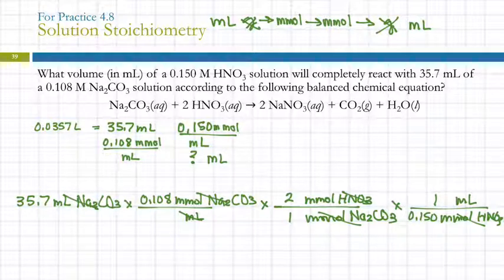So 35.7 times 0.108 times 2 divided by 0.150. This is what my calculator says. And my concentrations and my initial volume all had 3 significant figures. So this answer will be rounded: 51.4 milliliters of the nitric acid.